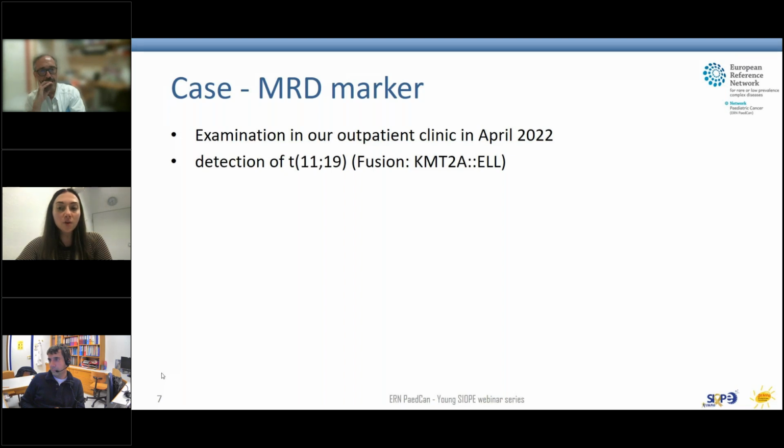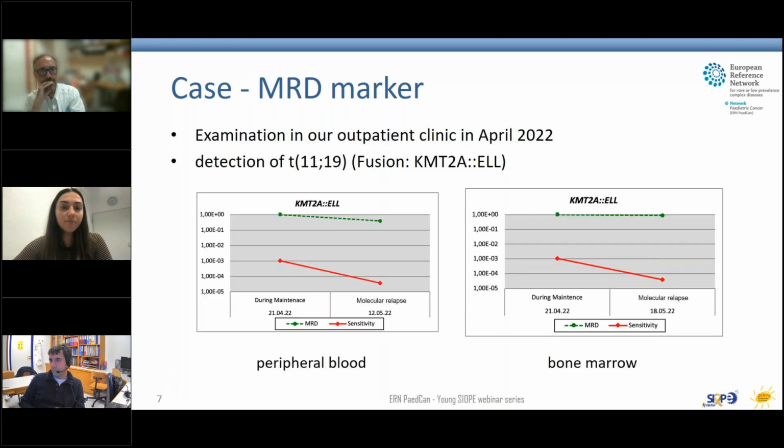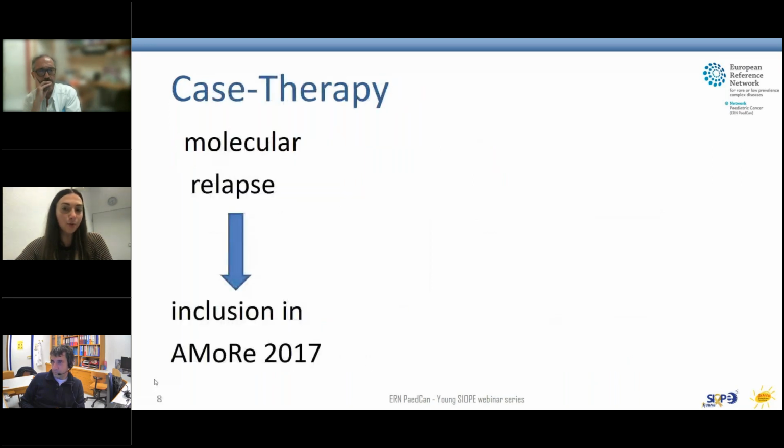Now you can see the two figures of this slide. As you can see, we had a detection not only in peripheral blood, but also in the bone marrow. And with this detection of MRD through qPCR, we could diagnose a molecular relapse in this case.